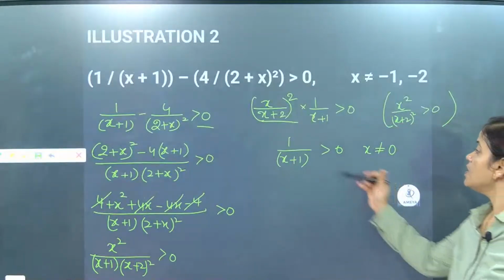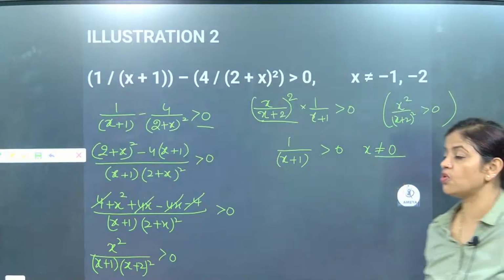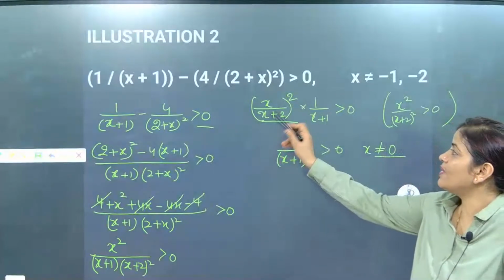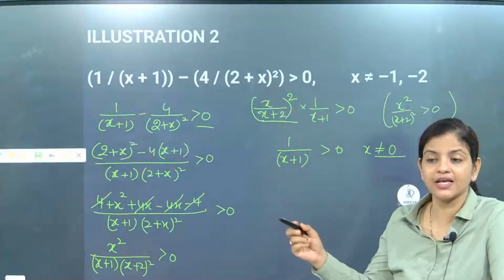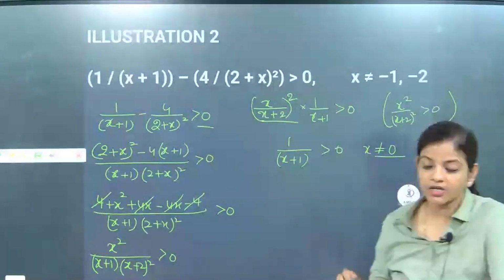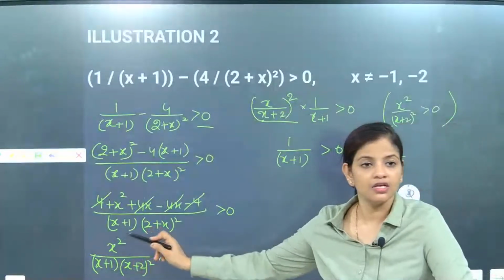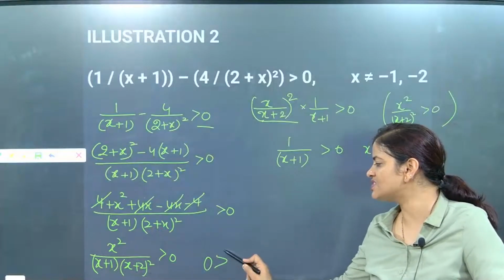Now look, 1 by x plus 1 is there, and here x is not equal to 0. Why is x not equal to 0? We are not considering this because the square is there, but still x is there. The moment you put x equal to 0 in the entire expression, the numerator becomes 0, and 0 cannot be strictly greater than 0.